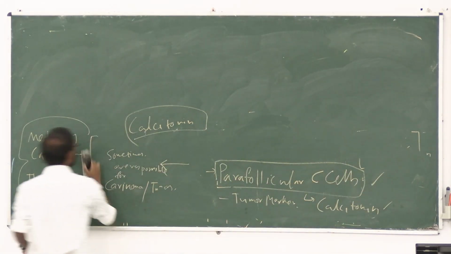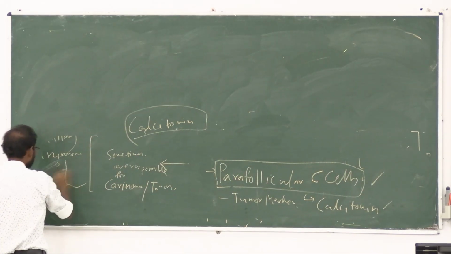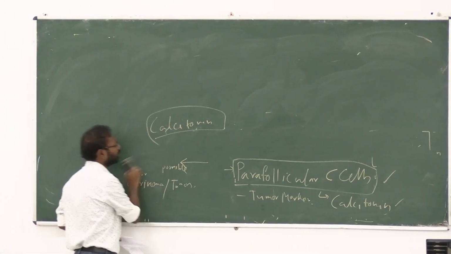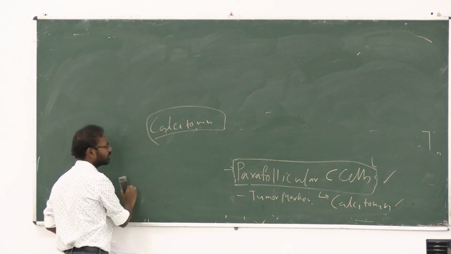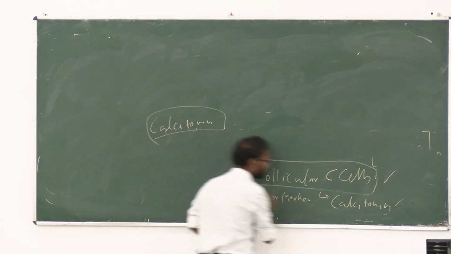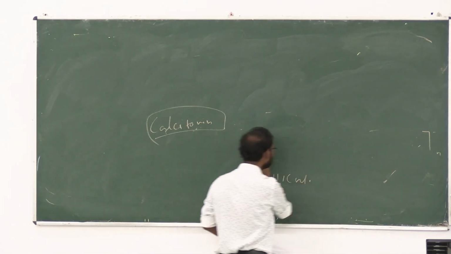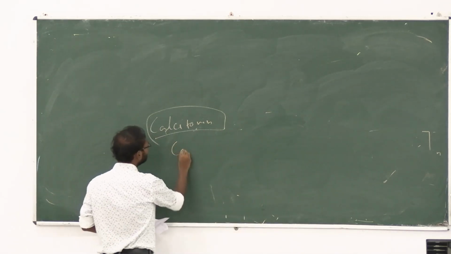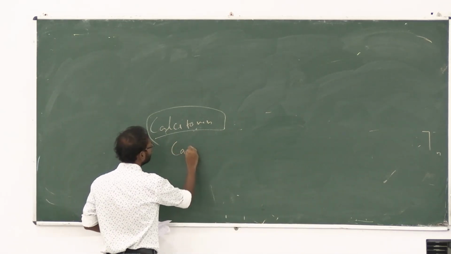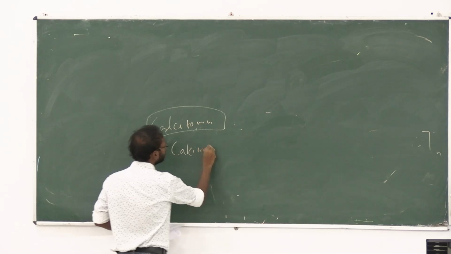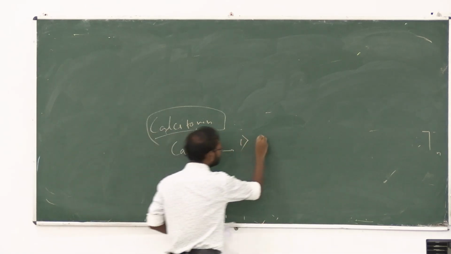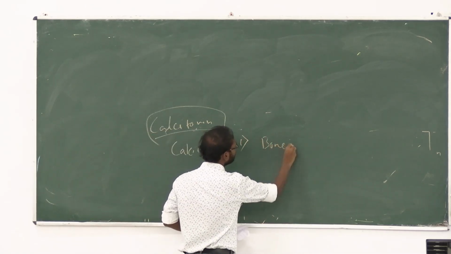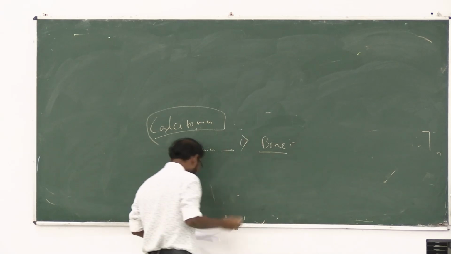First, action on bone. Now this calcitonin was decreasing calcium, so it will help in decreasing calcium. বোনের ক্ষেত্রে কি করছে?